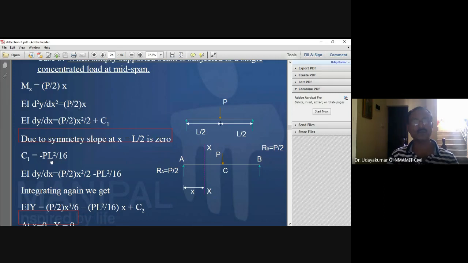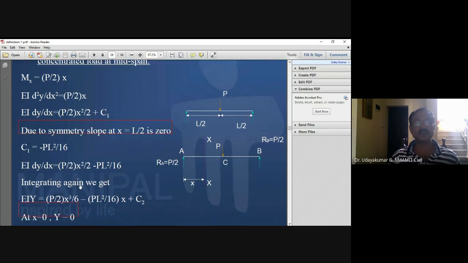Therefore, EI dy by dx, that is 0, equals minus P by 2, L squared by 4 with x as L by 2, and you get C1 which is minus PL squared by 16. Substitute that, you get EI dy by dx equals the slope equation.